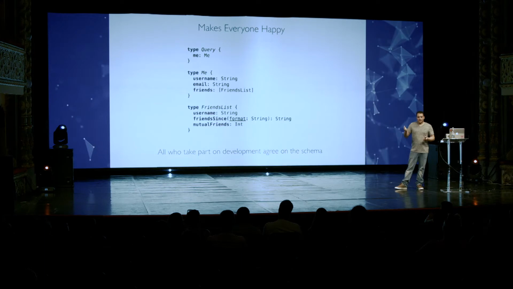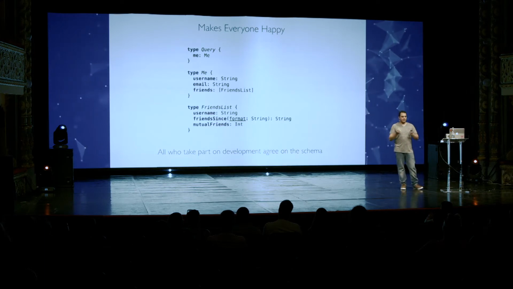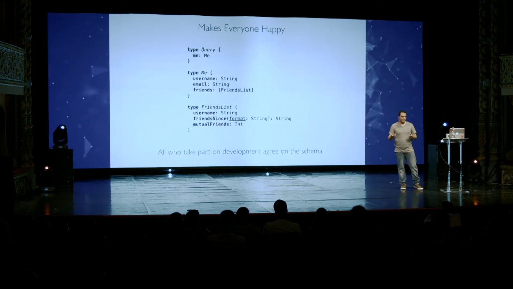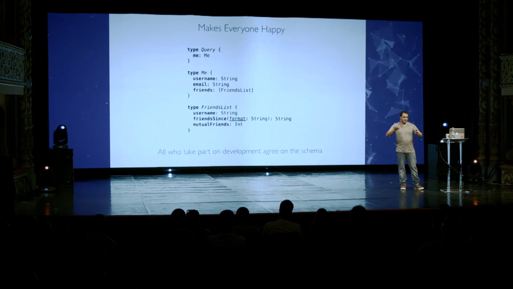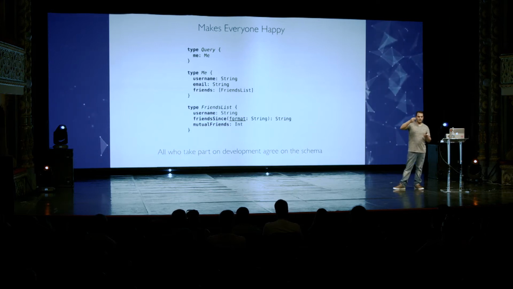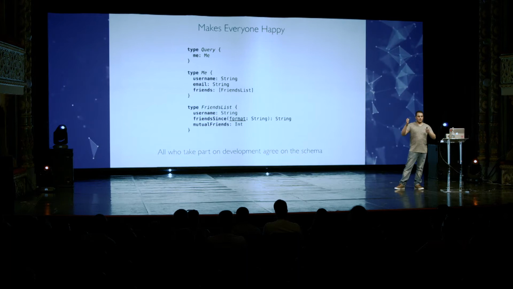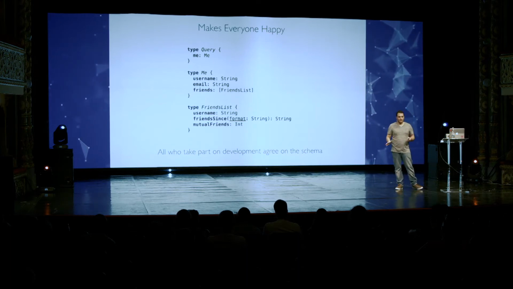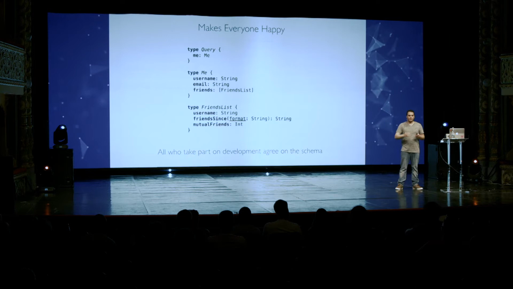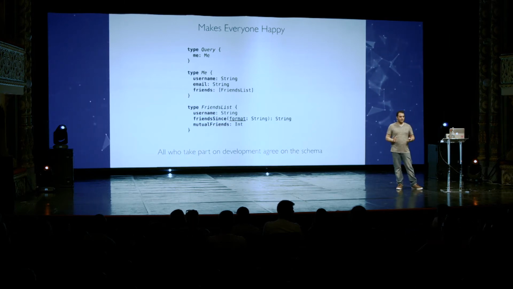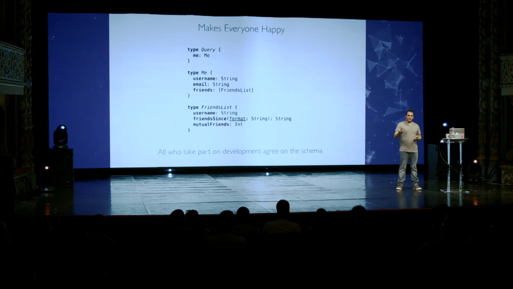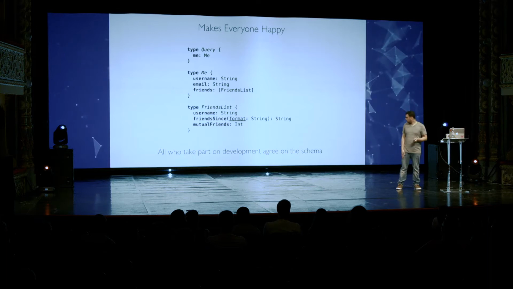And that's because everyone that takes part in the development of the application becomes part of the actual coding, because you can take your architect and your product manager and system designer, even your graphic designer, and they all sit together, they talk, and then agree on the schema.